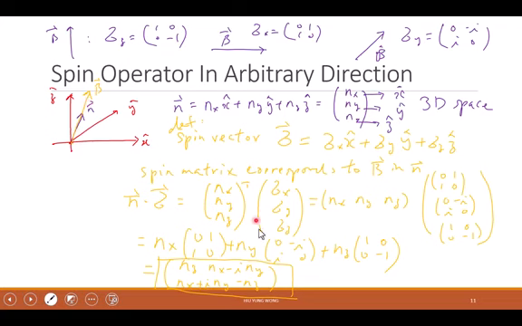Now here I try to use the procedure we have learned before. If you remember how to do a dot product of two real space vectors, you should remember that it is just the x component times the x component, plus the y component of the first one times the y component of the second one, right? Remember this? For example, a dot b is just equal to ax bx plus ay by plus az bz.